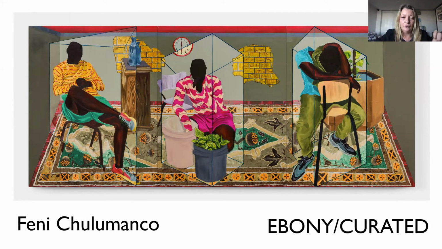Feni takes the viewer on a rich visual journey, allowing one to focus on our own identity, self-worth, and sense of fulfillment. So it's very much about the sense of identity and individualism against the world.